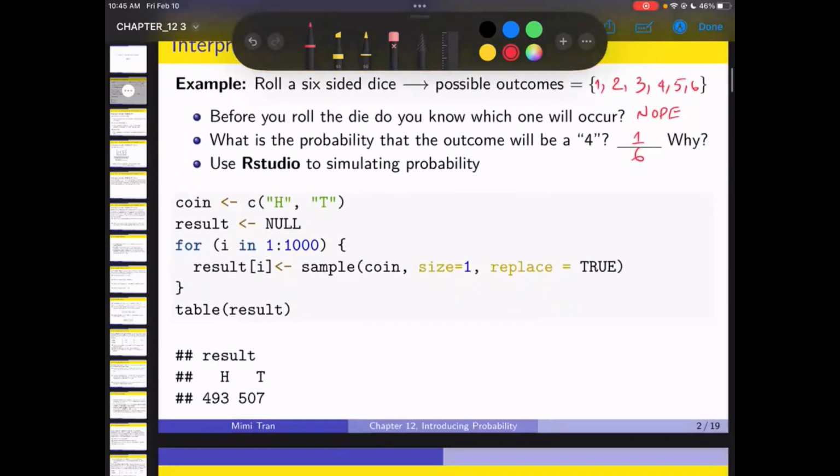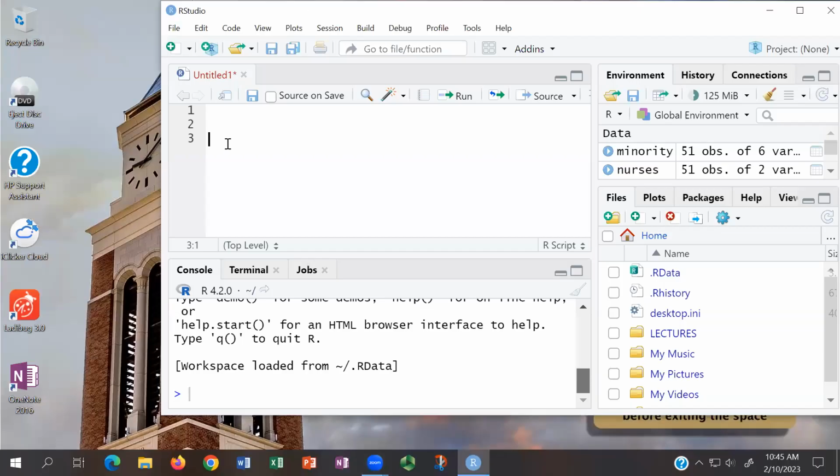I'm gonna use RStudio to simulate something. Share screen here. With my RStudio, I want to simulate coin flipping. So back in the day when we didn't have R and all that, we asked students to come up here and flip the coin for us. But now we have R, you don't have to flip the coin.